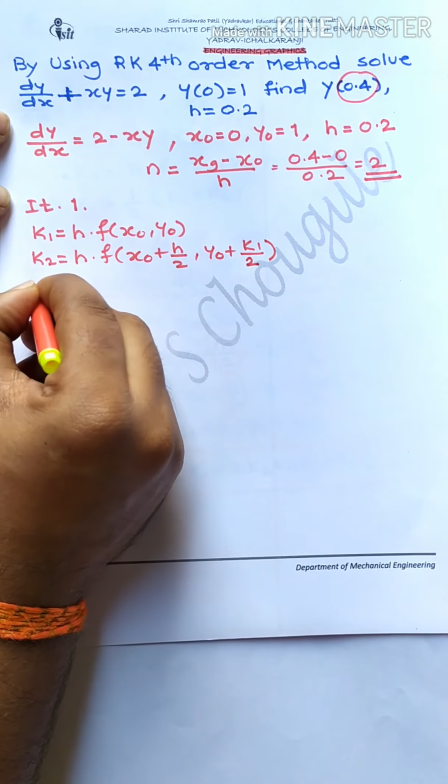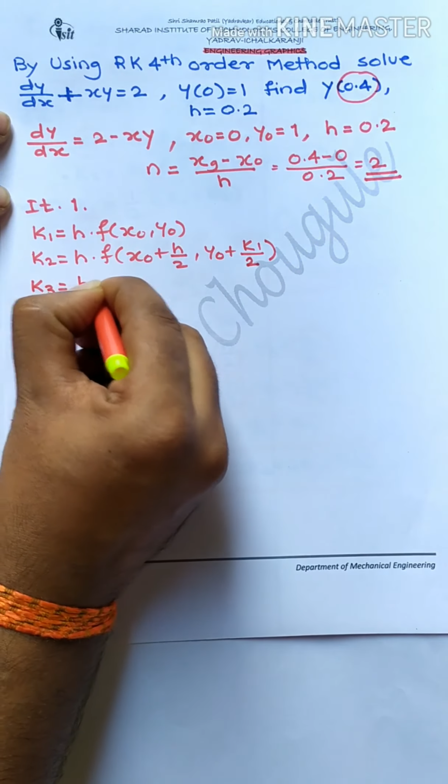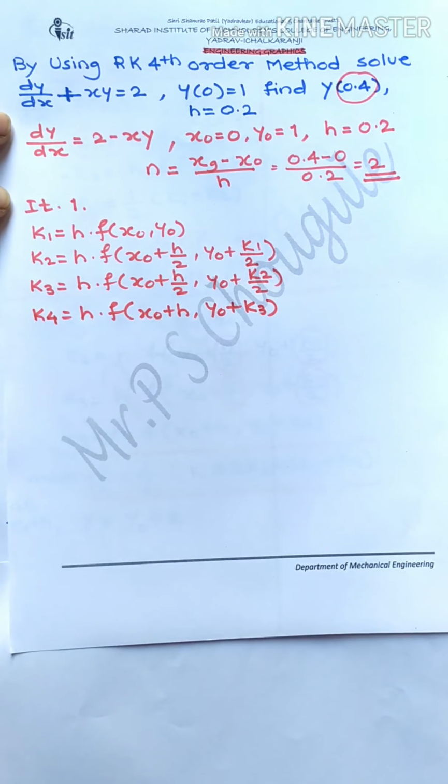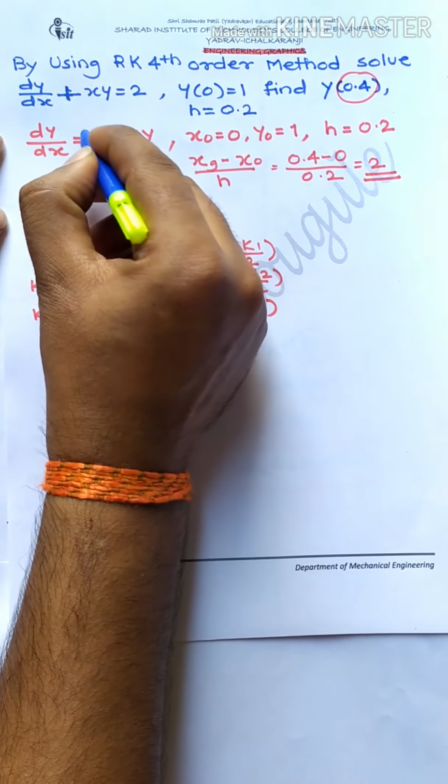The value of k3 is equal to h into f of x0 plus h by 2, y0 plus k2 by 2. And the last value k4 is equal to h into f of x0 plus h and y0 plus k3. We need to find all these values. So this one is the function.